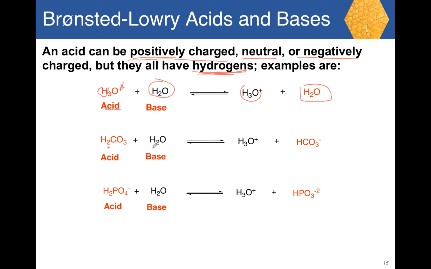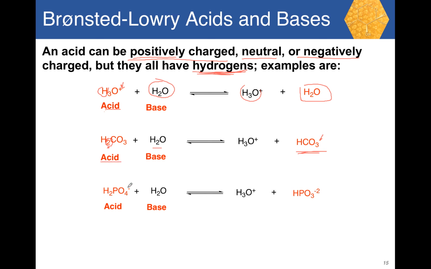Put that in water. One of these H's will go to form this. By the way, one of these H's should be red. And since it has lost one H, what's left behind is HCO3 negative. So this is an acid that's neutral.